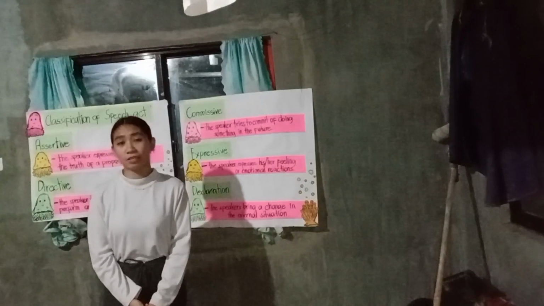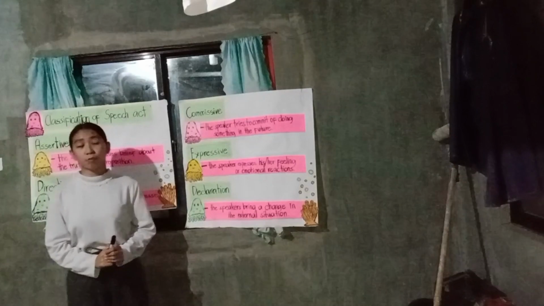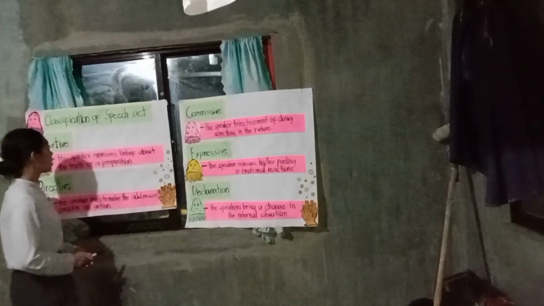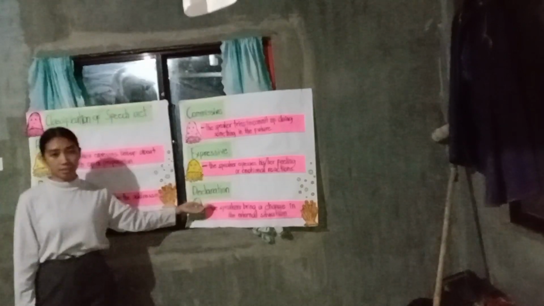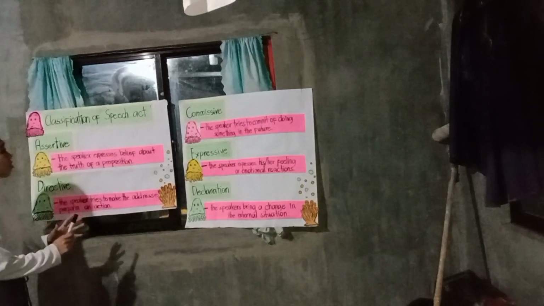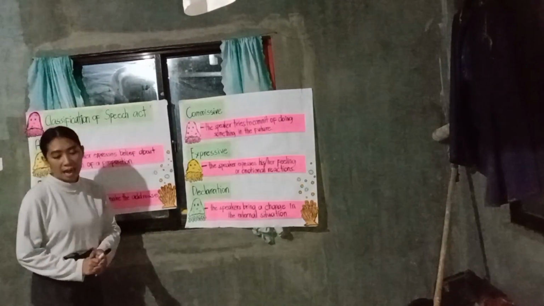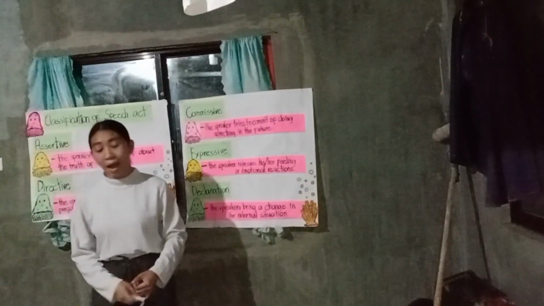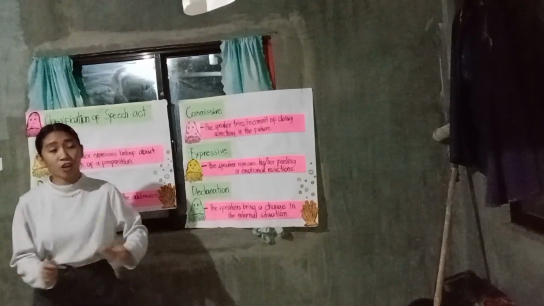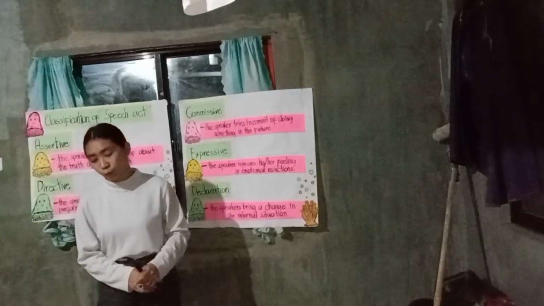We are down to the five classifications of speech act: the assertive, directive, commissive, expressive, and the last one is the declaration. This classification of speech act is a response of Searle to Austin's types of speech act.